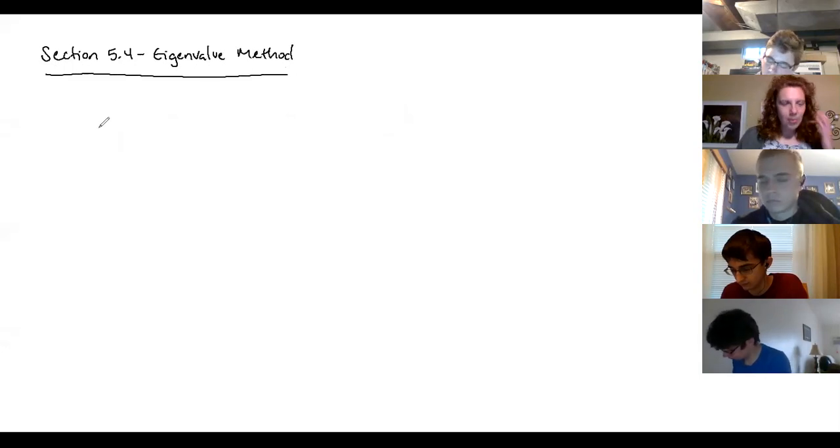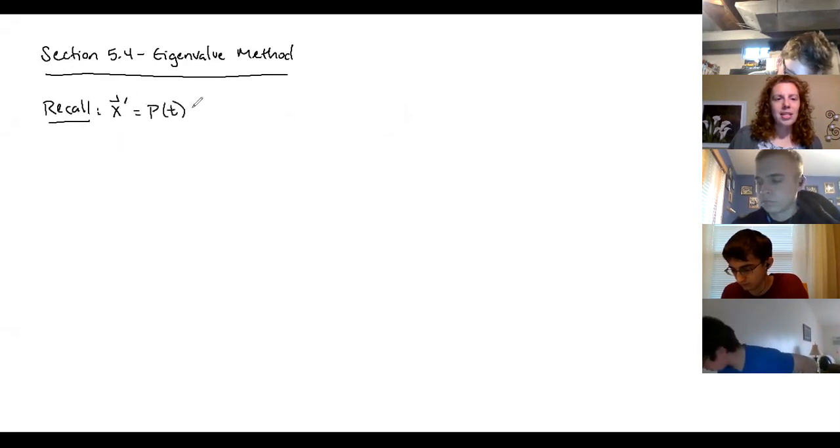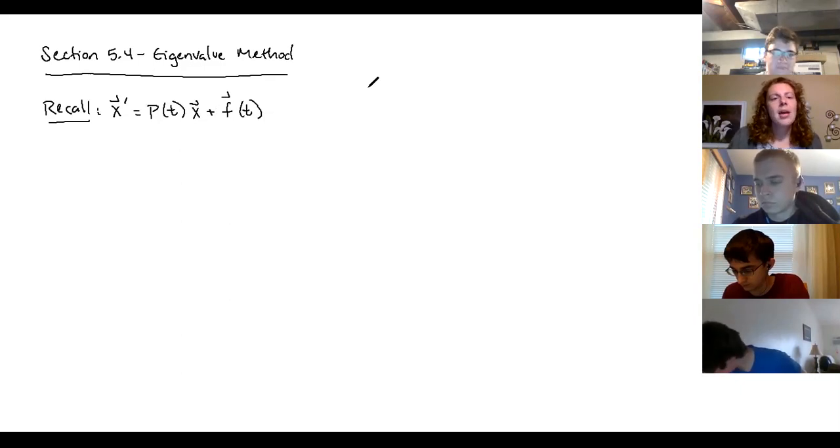Okay, remember where we're at. Here's what we have. We have vector x prime equals P of t times vector x plus vector f of t, right? That's how we have gone to writing a system of differential equations. And remember also what our goal is.